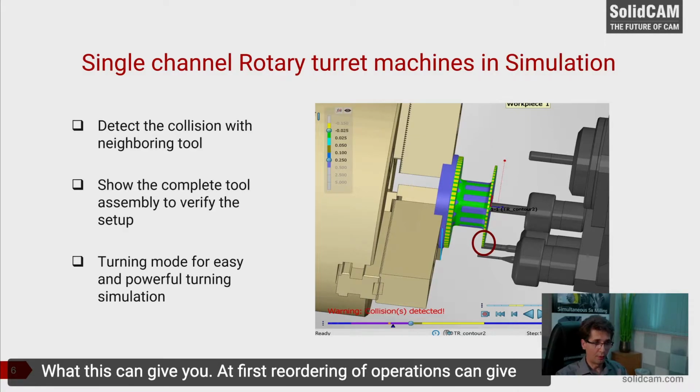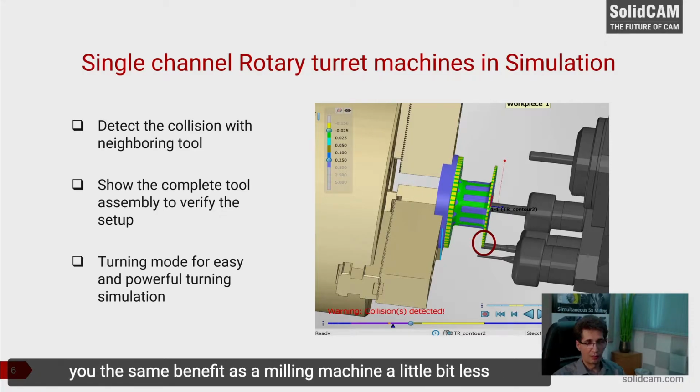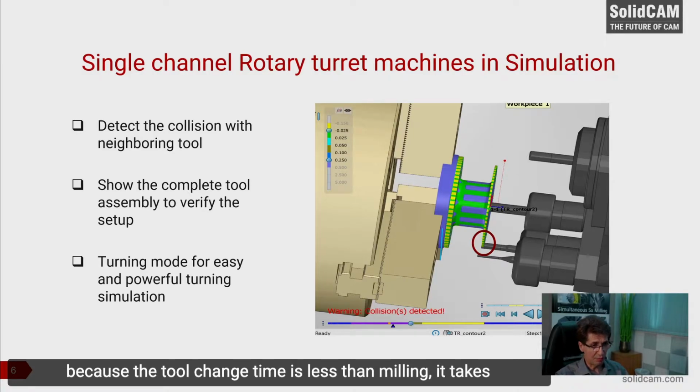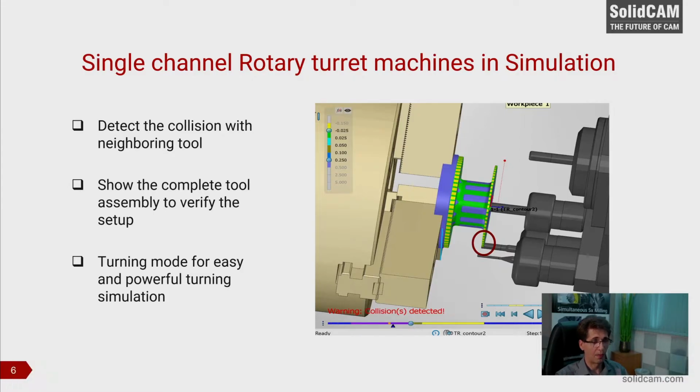At first, reordering of operation can give you the same benefit as a milling machine, a little bit less because the tool change time is less than milling. It takes parts of seconds and not 7 seconds like a milling machine.